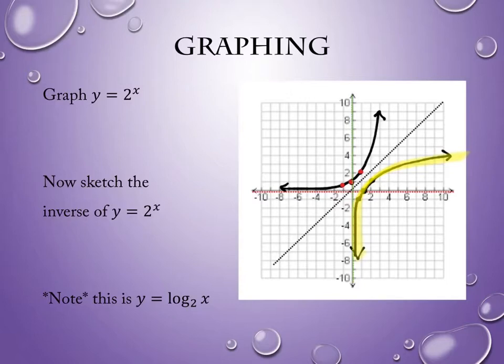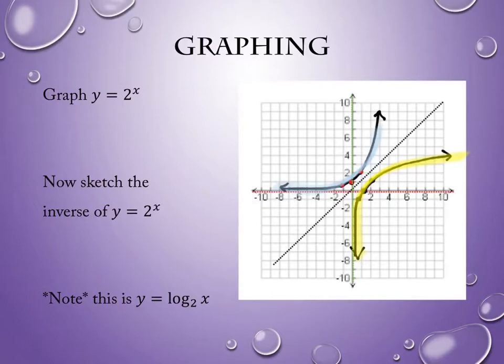Actually, everything switches. On the graph here at the top that I'm going to highlight in blue, this graph has a domain that's negative infinity to infinity. So our yellow graph's range is negative infinity to infinity. The blue graph's domain is 0 to infinity. So my yellow graph's range is 0 to infinity. My blue graph has a line at the x-axis as an asymptote.